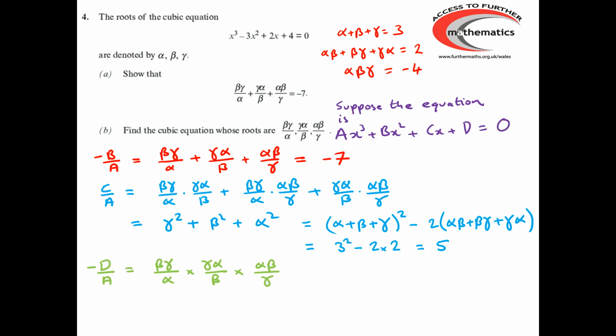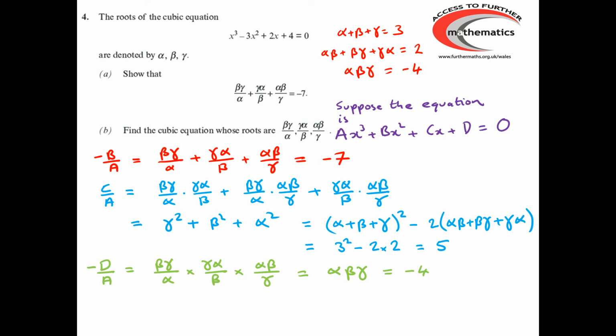And finally, we need to look at minus d over a, the product of the 3 roots. So that's beta gamma over alpha times gamma alpha over beta times alpha beta over gamma, which rapidly simplifies to being the same thing as alpha beta gamma. So minus d over a must be simply minus 4.